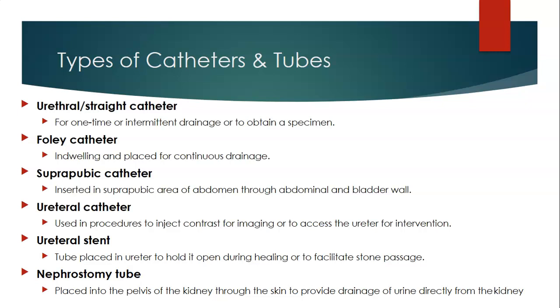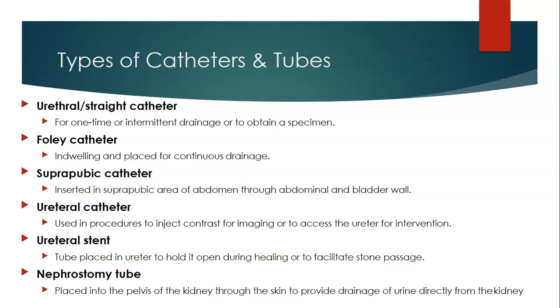A ureteral stent. This is going to be a tube that is placed in the ureter to hold it open. This can be done during healing or to facilitate stone passage. Sometimes we'll talk about renal stones and everything, and the stents might make more sense. But if someone has surgery to break up a stone, or they have a lot of little small stones, a ureteral stent can be placed to facilitate the passage from the kidney into the bladder without kind of ripping up that ureter, because that's really what hurts.